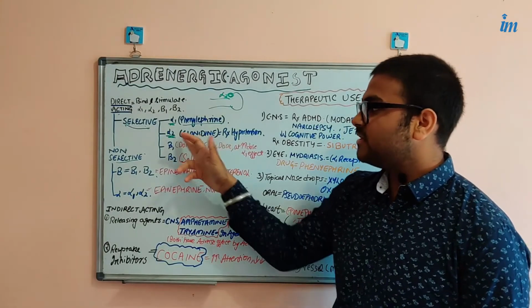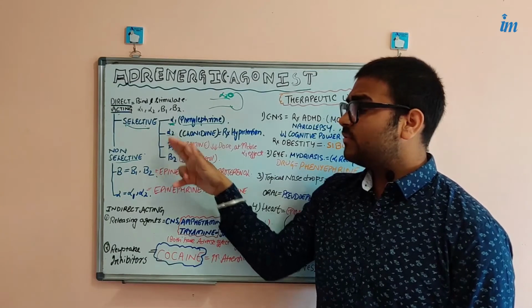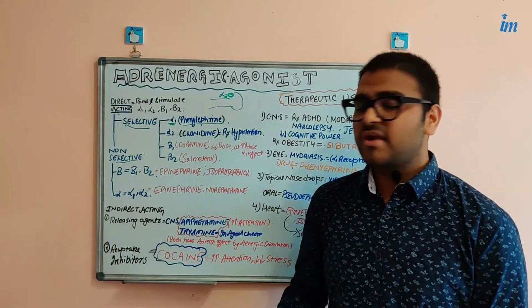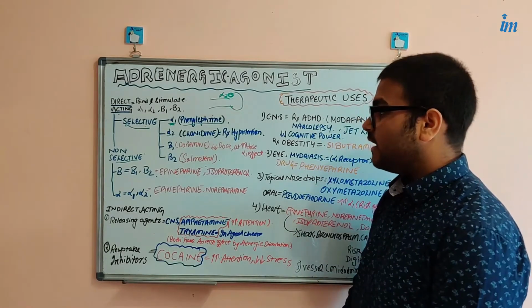So clonidine can be used in the treatment of hypertension, but we usually give it when other antihypertensive agents are not very effective. It is not the first line of treatment for hypertension.